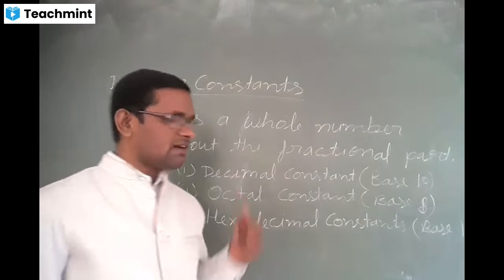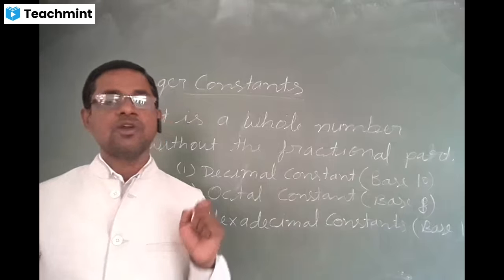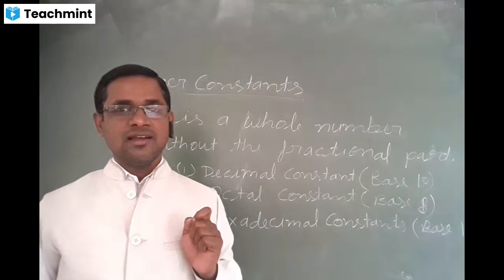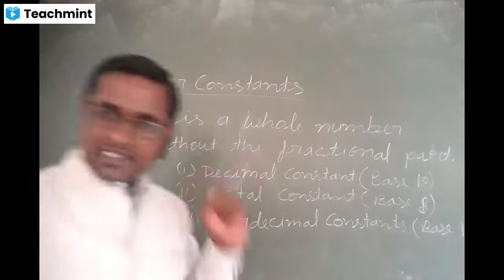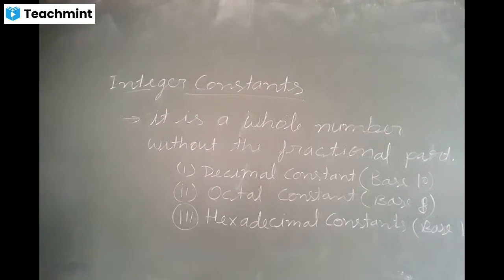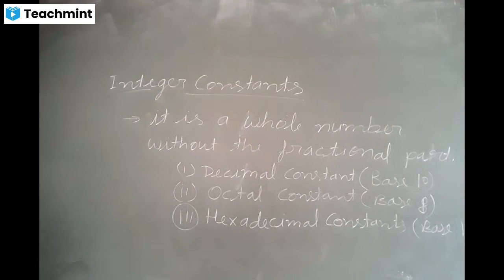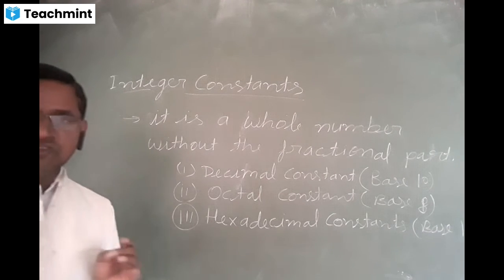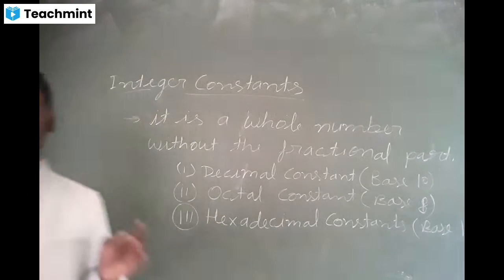In the hexadecimal constant, we use 0 to 15, that is 16 symbols. We use 0 to 9, and after 9 we use A for 10, B for 11, C for 12, D for 13, E for 14, and F for 15.